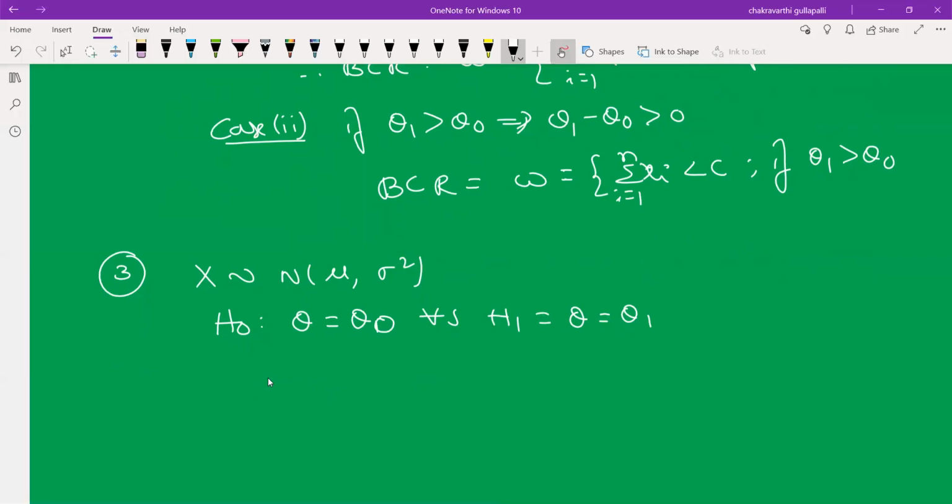There are two cases here. Case 1, case 2. One is theta 1 greater than theta naught, the other is theta 1 less than theta naught.